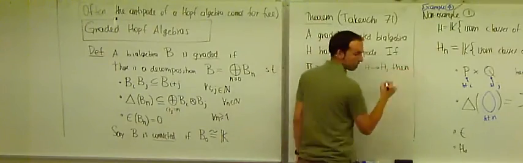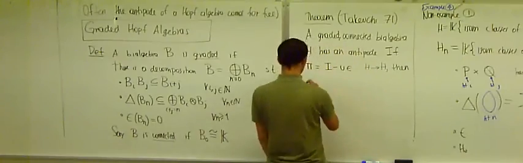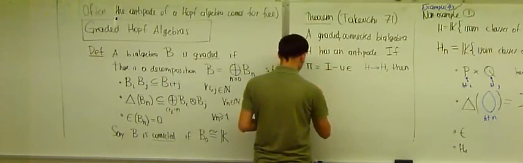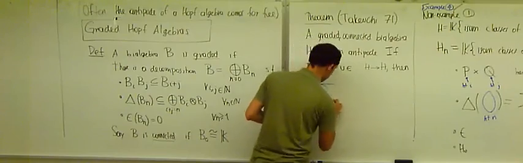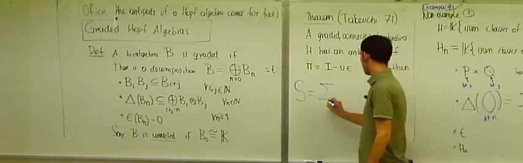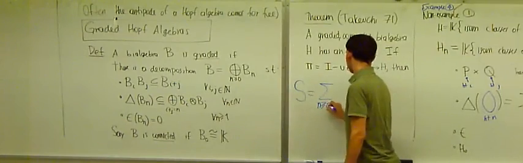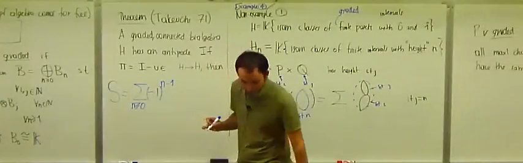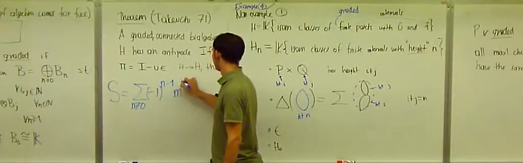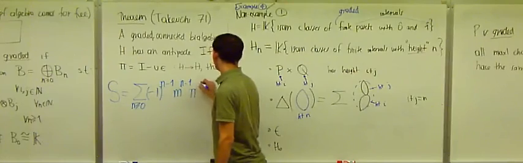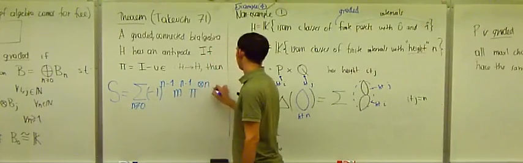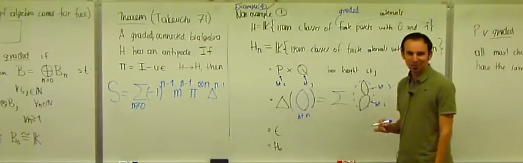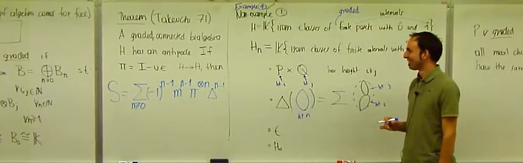Then the formula for the antipode looks like this. We'll parse this.